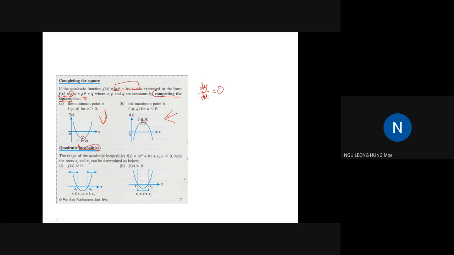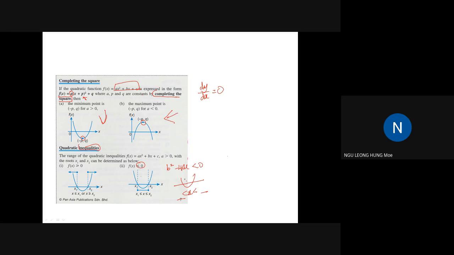Inequality. So if less than 0, let's say b squared minus 4. Less than, so should be like this.